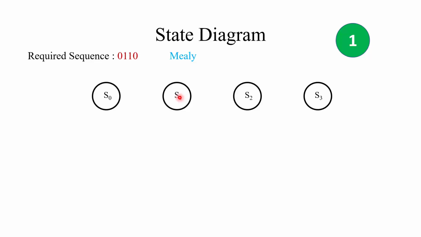When on S1 a 1 at the input is obtained, then only will we transition to S2. So we can draw this path to our required sequence. Of course, our output will be low for all these state transitions because our required sequence has not been obtained at the input yet.